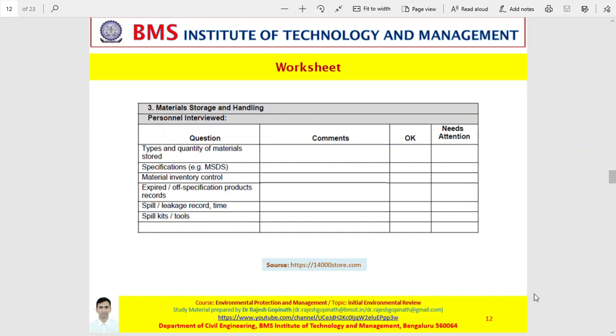Are there details available with respect to spillages, leakages? Is there information available about measures to handle spills? So these details are reviewed and worked upon. This basically is an overview of the good housekeeping practices, good utilization practices, good storage and handling practices. Now let us move on to the next slide.